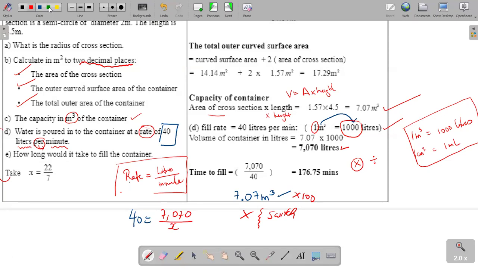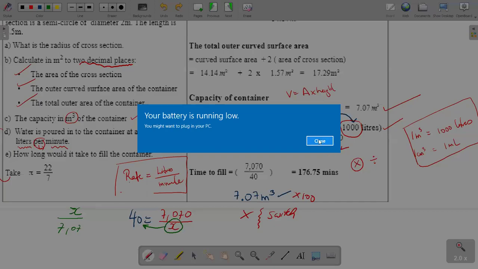For those who don't know why switch, whenever the thing that you want is in the denominator, you got to switch it. If X was in the numerator, everybody see the difference?